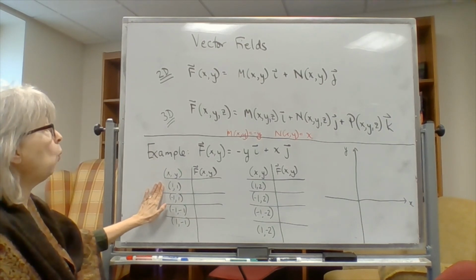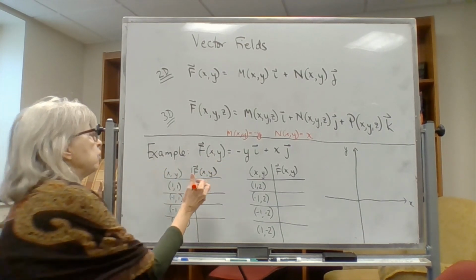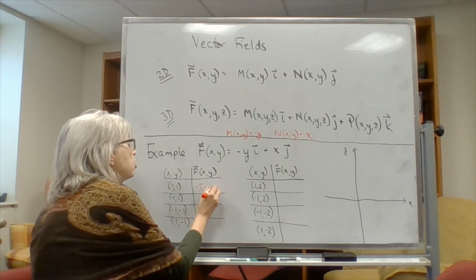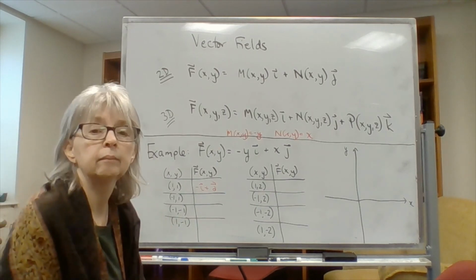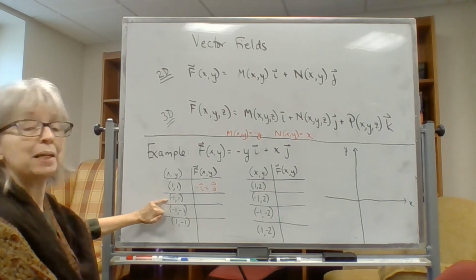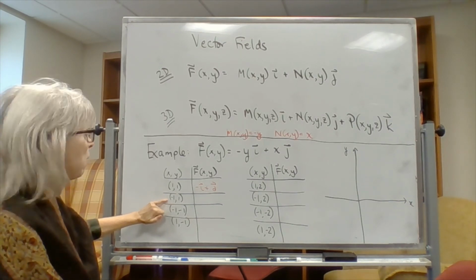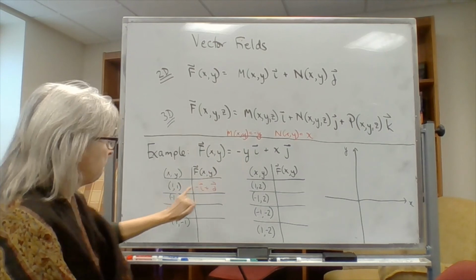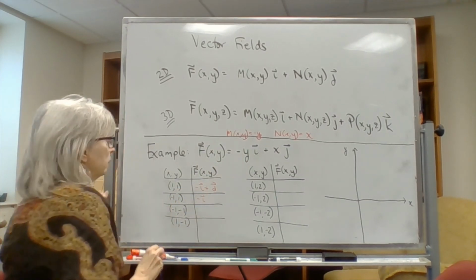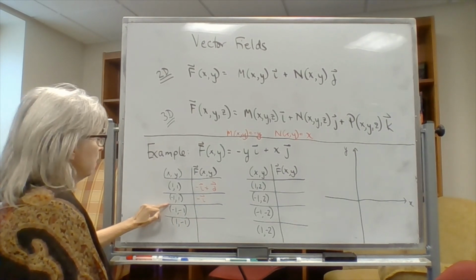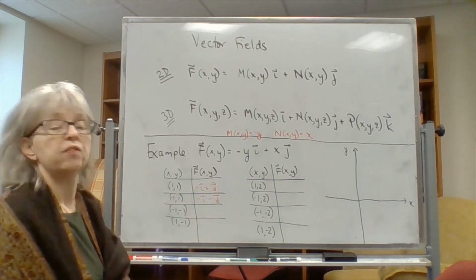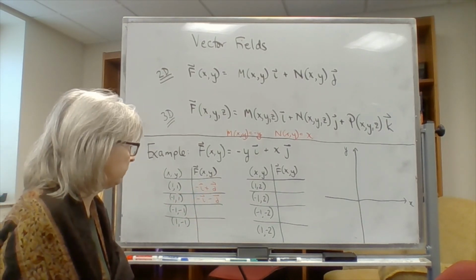So when I plug in 1, 1 to my vector valued function, I'm going to get minus 1i plus 1j. When I plug in minus 1, 1 as my point, I get minus y, which is minus 1, plus negative 1, j. So I get the vector minus i minus j.